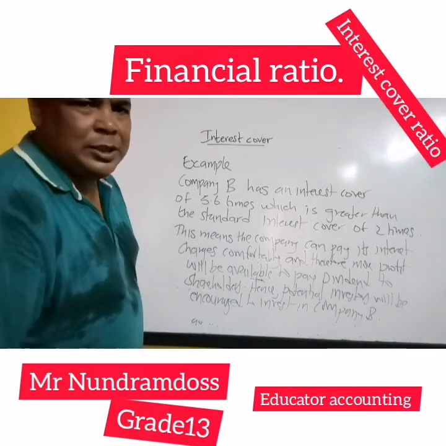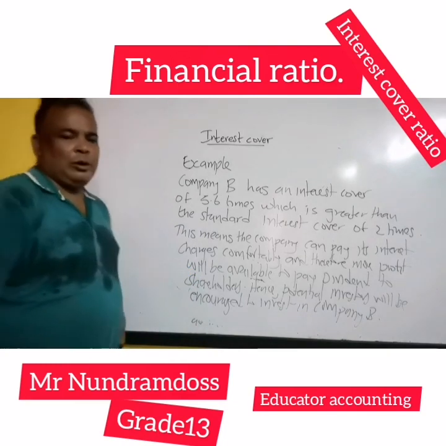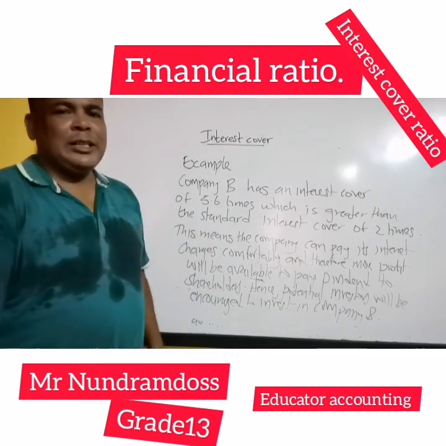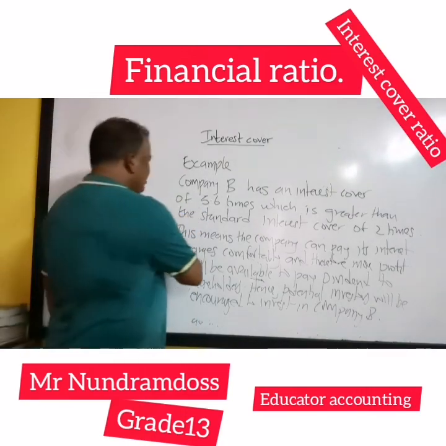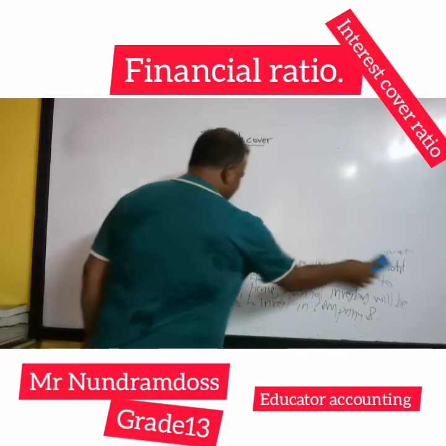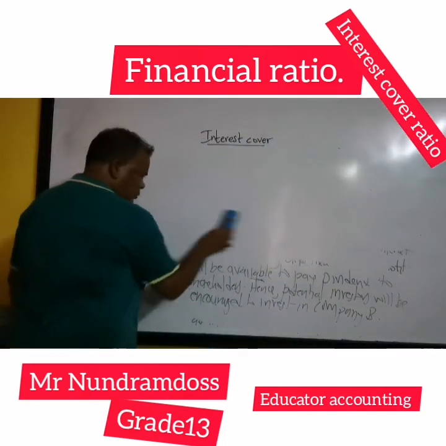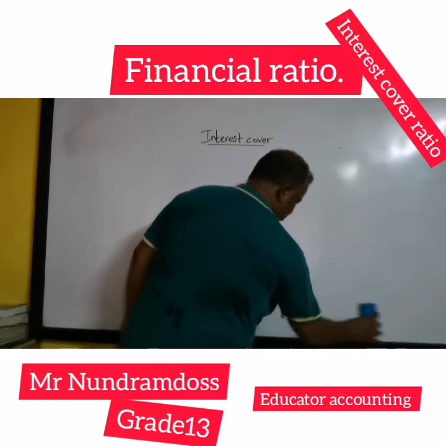Many students find it difficult to comment on interest cover ratio. Now, I think it is clear in your mind that this ratio is very easy. An interest cover ratio indicates the number of times interest is paid out of operating profit.